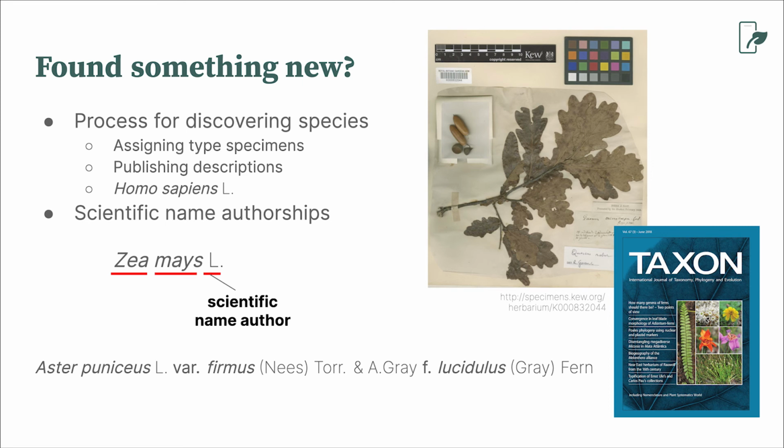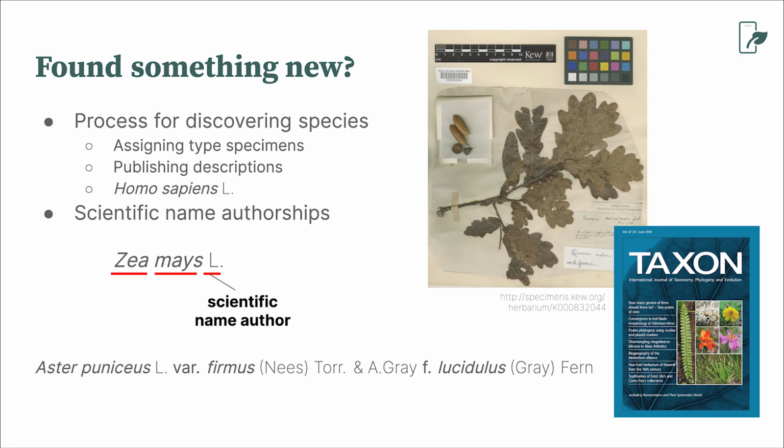And here we've got a few authors. So we've got Mays in brackets, because he was the first one who published it. But then Torr. and A. Gray came along and decided it was something else. We'll touch on that. It's called a synonym. But anyway, this is the authorship for the variety.